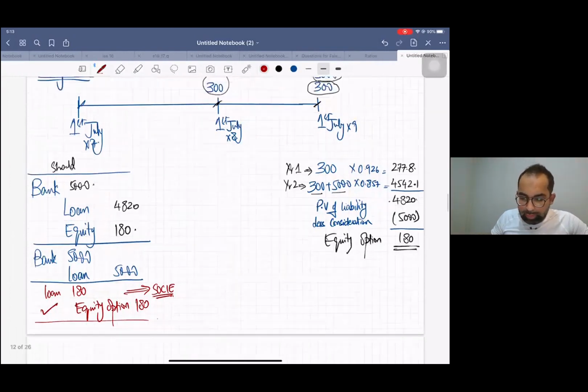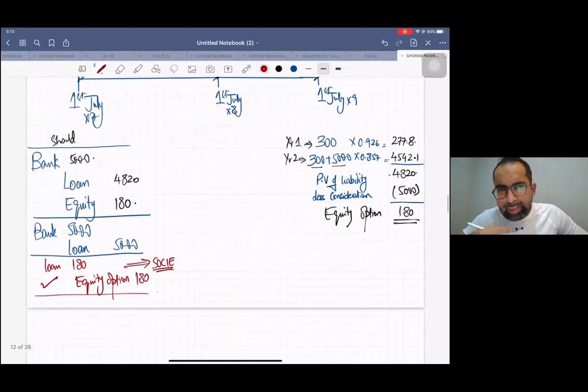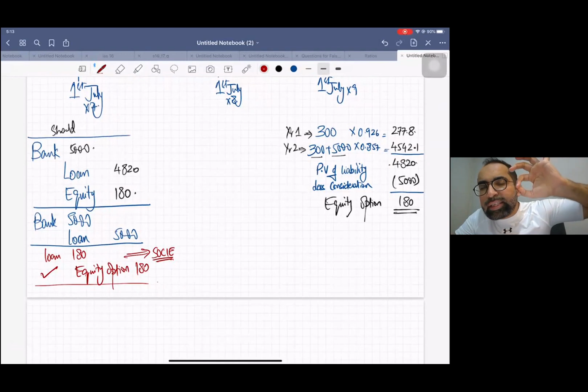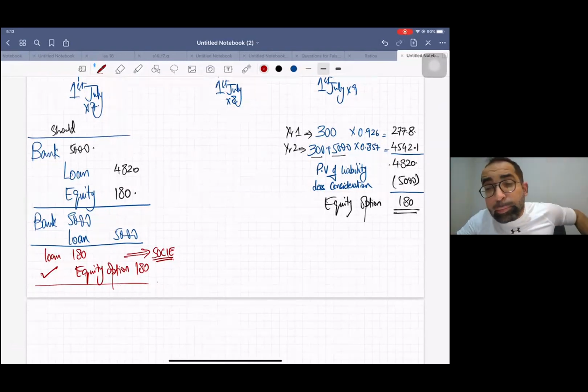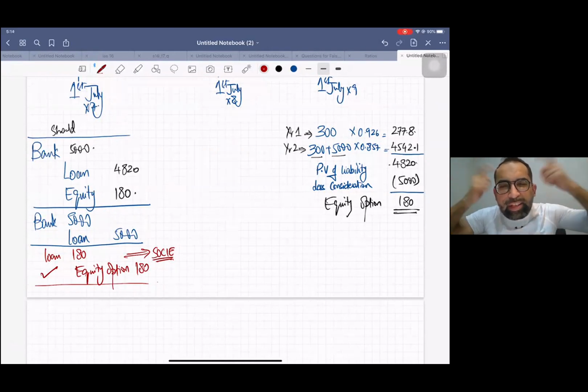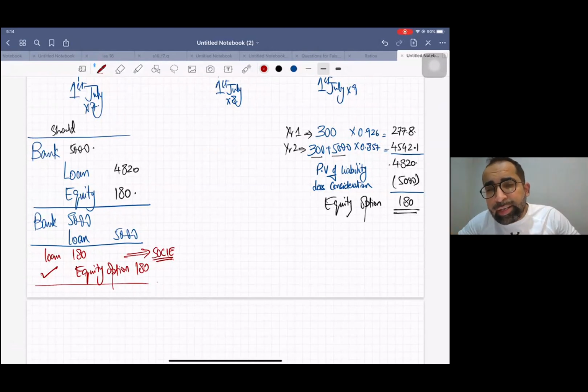In my class, I sometimes say this equity option will now go in the freezer. But be careful about the loan liability element. Now question yourself: how did you calculate this liability element?